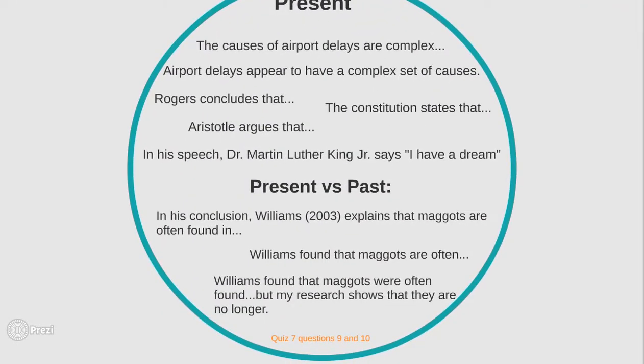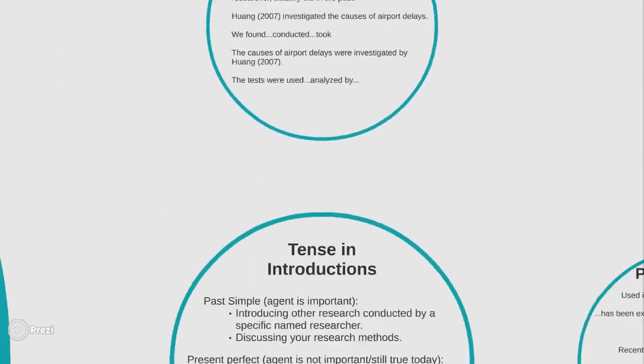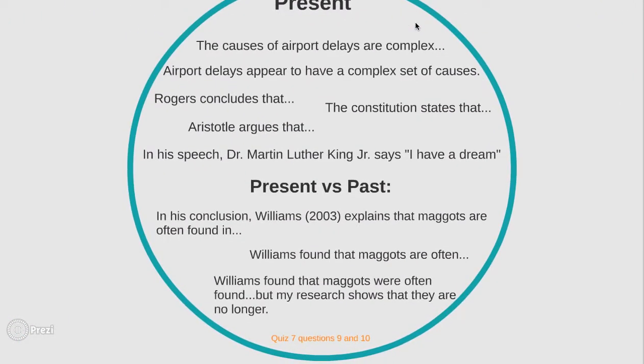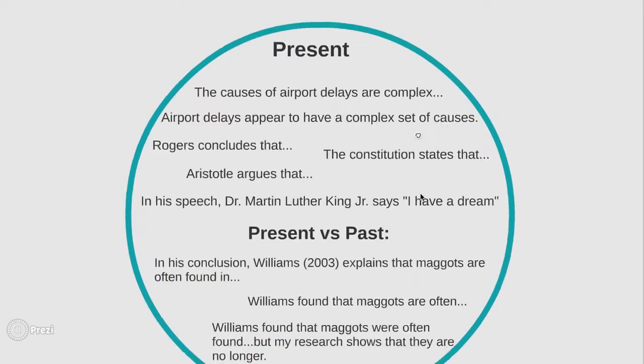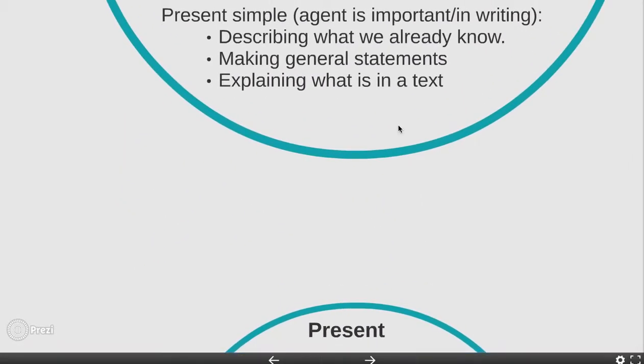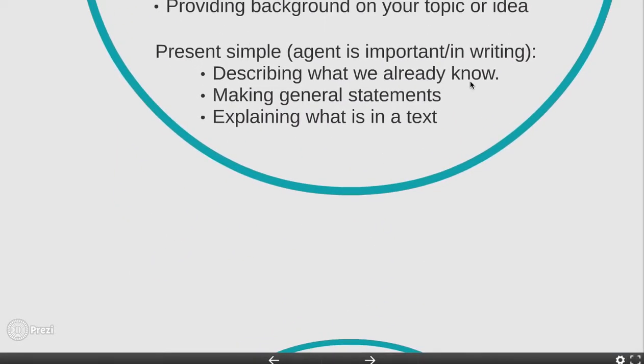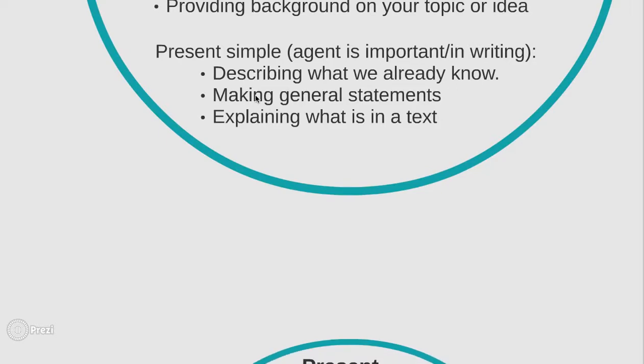All right, so we can look at present tense now. So the causes of airport delays are complex. They exist, they are complex. So with present tense, if you remember, let's look here. Describing what we already know, something that exists, something that is happening, happens all the time.